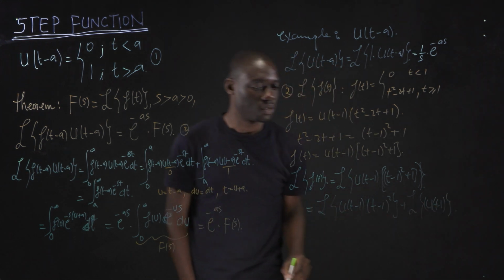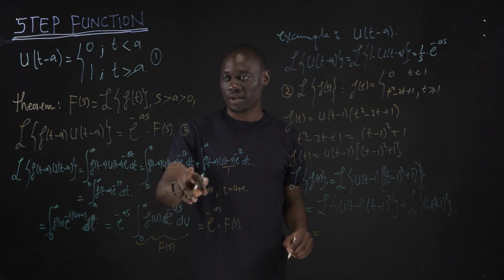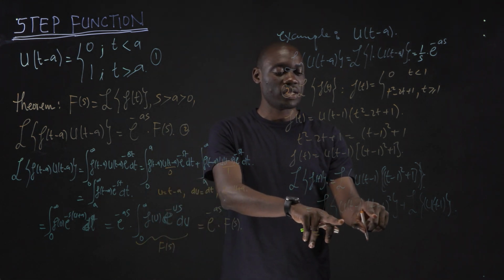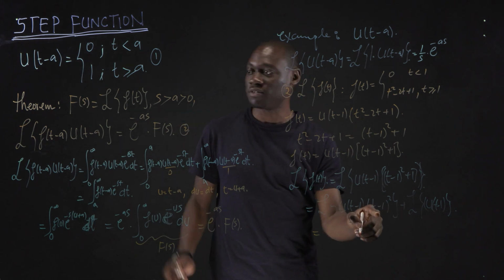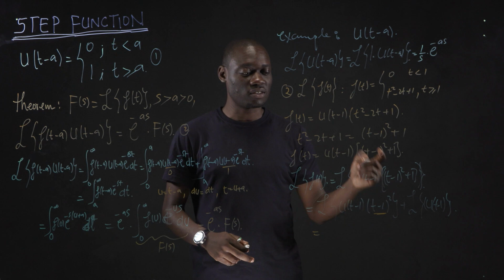Applying the formula given in equation 2, I can see that I have u(t minus 1) and I have t minus 1 squared. So this is f(t minus a) as given here. So I should find the Laplace transform of f(t), not f(t minus a).